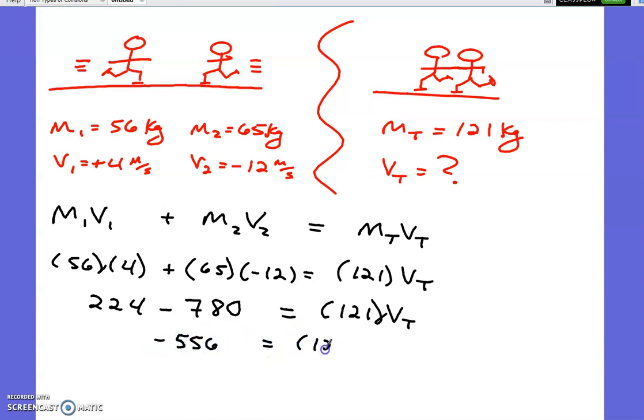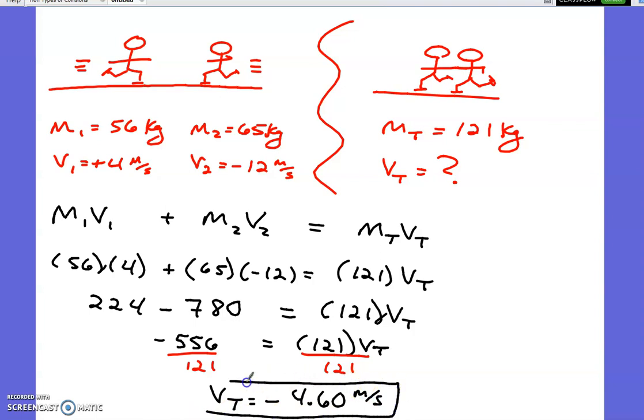And that is equal to our 121 times v. Now we solve for v by dividing by the 121. We get our velocity, which comes out to be negative 4.60 meters per second.